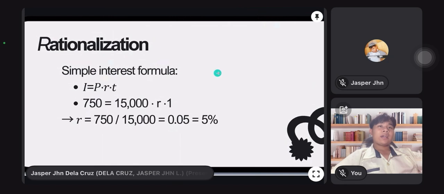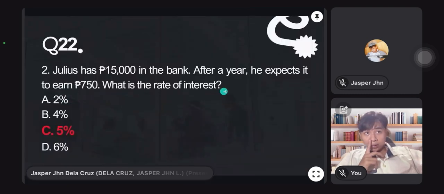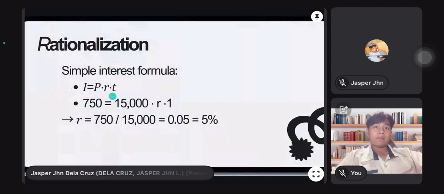We have I equals P times R times T. Alright, so principal times the rate times time. So 15,000 is the principal, and you are given the interest, 750, and then the time also.